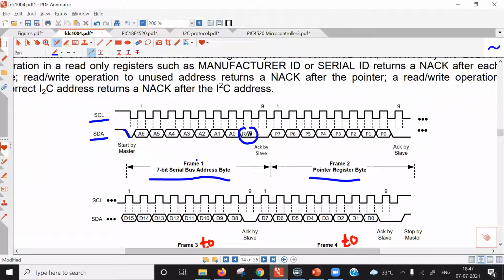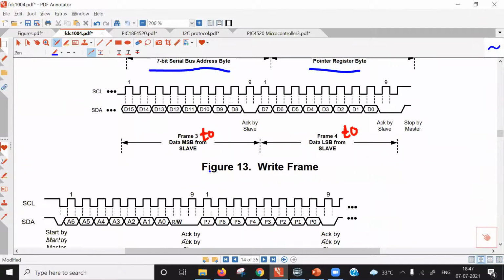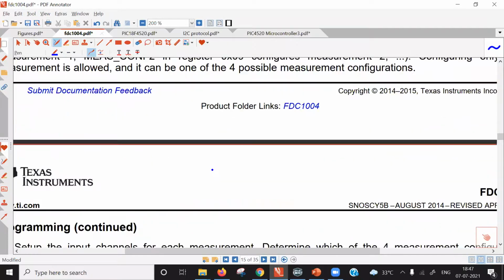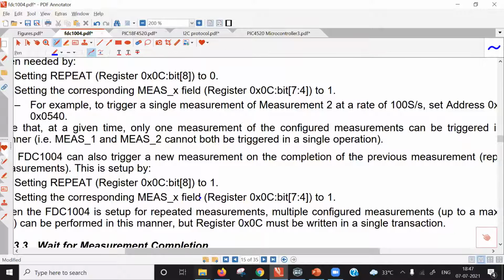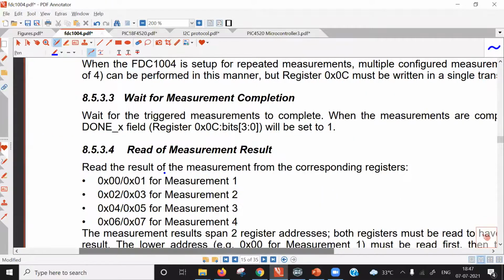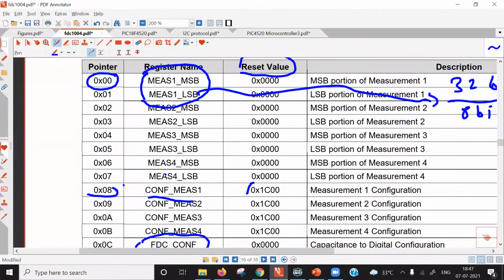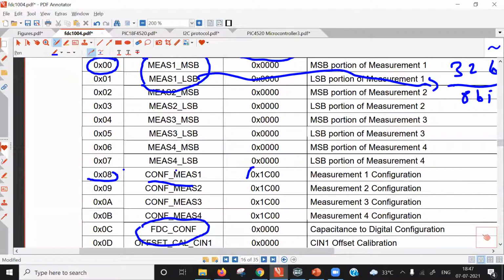So for example, if you want to write data to this config measurement 1 register, then pointer must be loaded with 0x08.